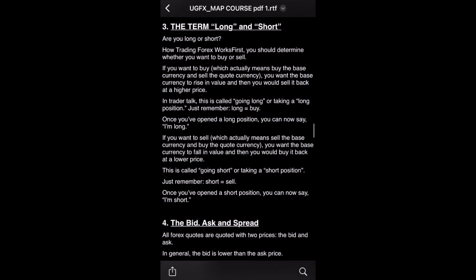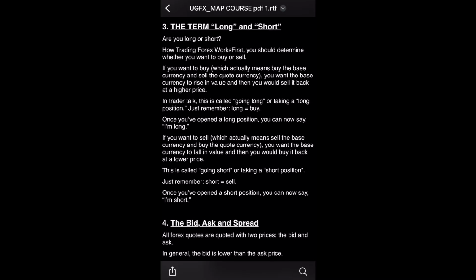Now, number 3 on the list is the term long and short. One thing you need to understand, there are terms we Forex traders use. If you want to buy, which actually means buy the base currency and sell the quote currency, you want the base currency to rise in value, and then you would sell it back at a higher price. In trader talk, this is called going long or taking a long position.